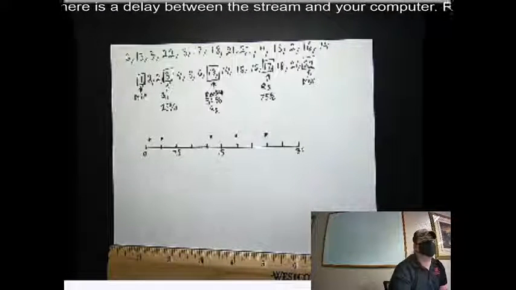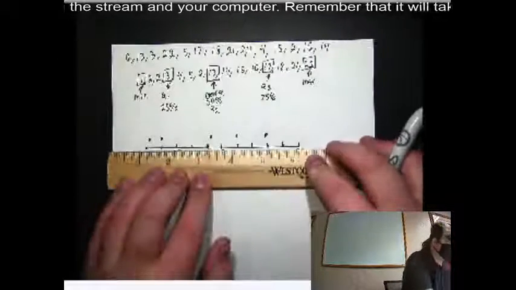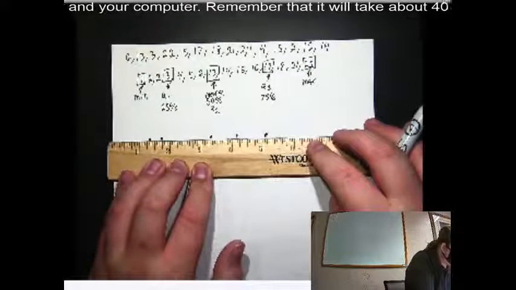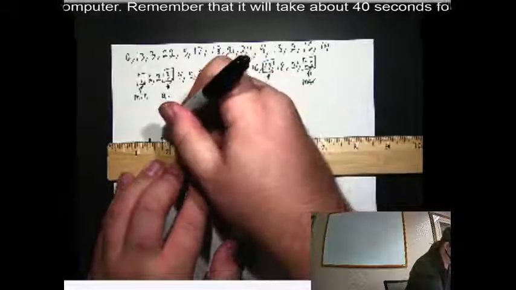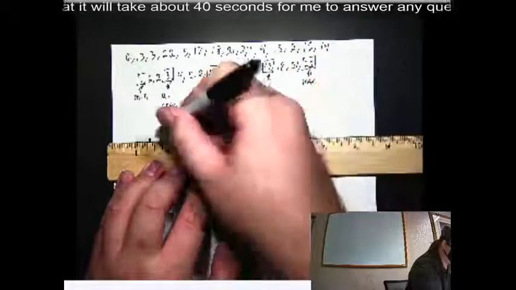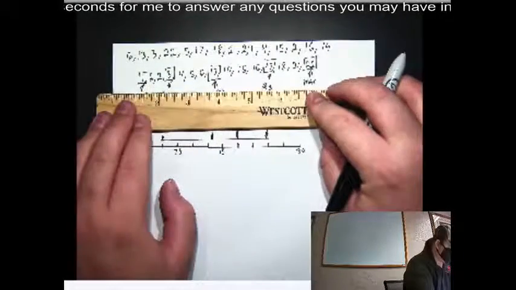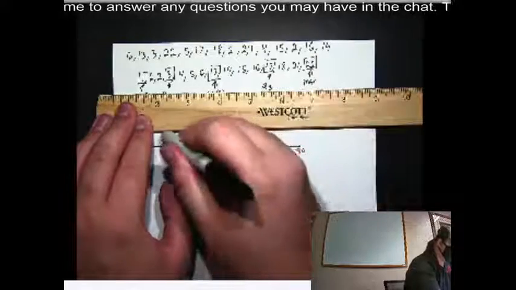And the way we set up our graph for this is that our quartiles are in a box. Put that one in a box.